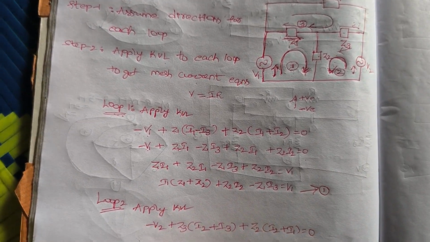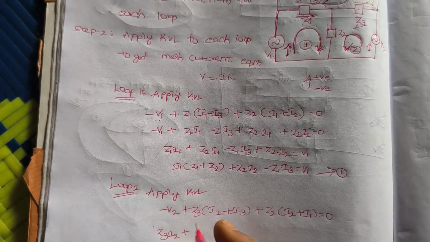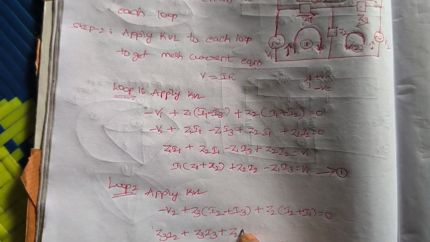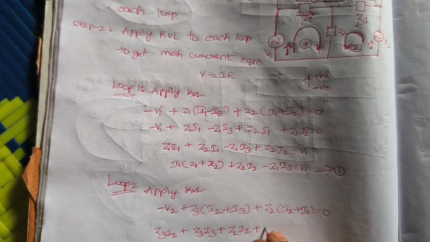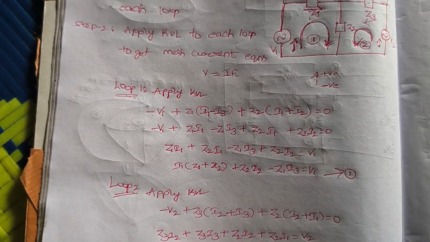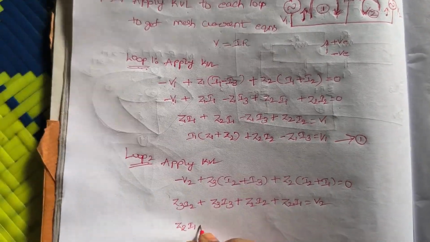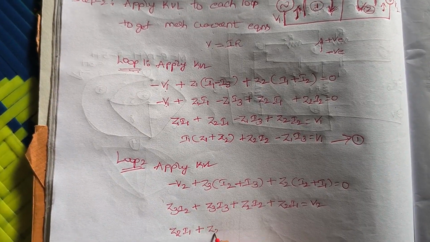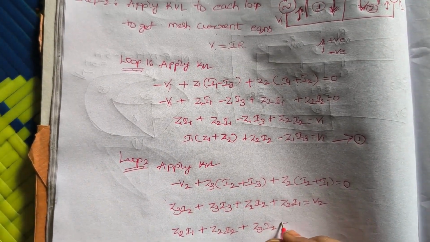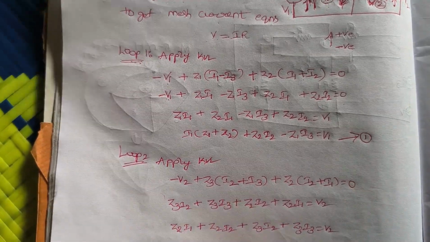When we multiply individually: Z3 I2 plus Z3 I3 plus Z2 I2 plus Z2 I1 equals to V2. So we have to write Z2 I1 plus Z2 I2 plus Z3 I2 plus Z3 I3 equals to V2.